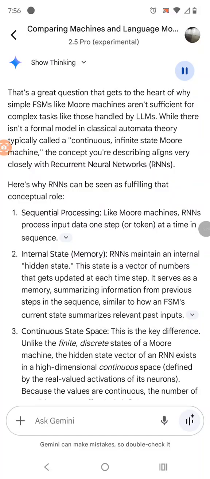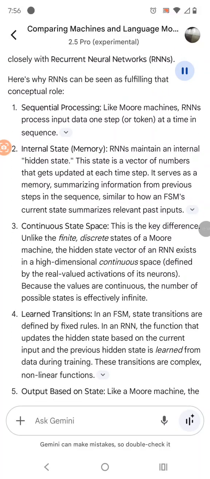Like Moore machines, RNNs process input data one step or token at a time in sequence. 2. Internal state, memory. RNNs maintain an internal hidden state. This state is a vector of numbers that gets updated at each time step. It serves as a memory, summarizing information from previous steps in the sequence, similar to how an FSM's current state summarizes relevant past inputs.